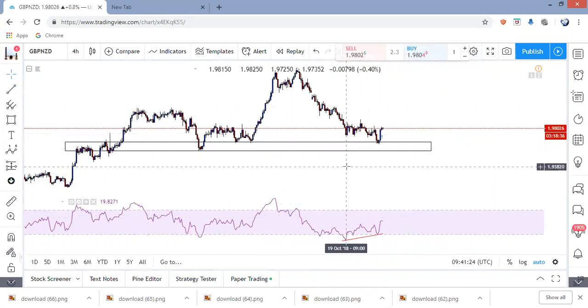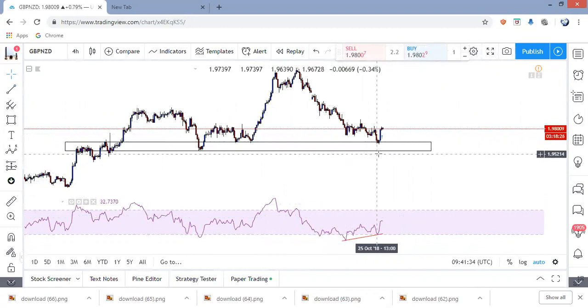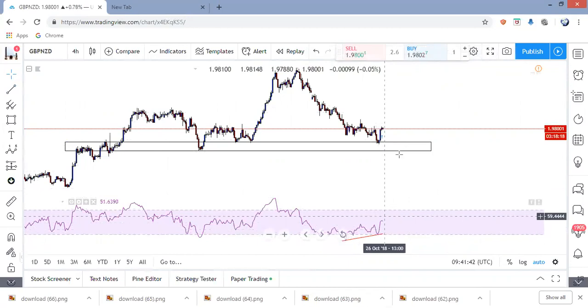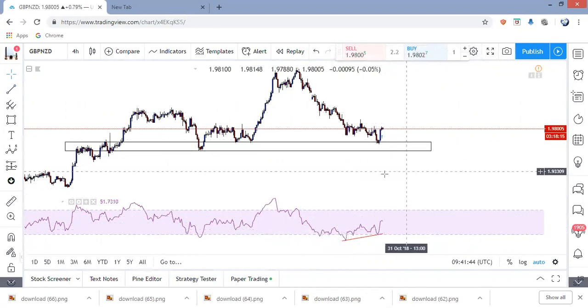So that gave us the higher low on the actual price, and then on the RSI, it's the lower low. When you go to the next one, it's the lower low here on the actual price, but on the RSI, it's the higher low. So that's a perfect divergence.